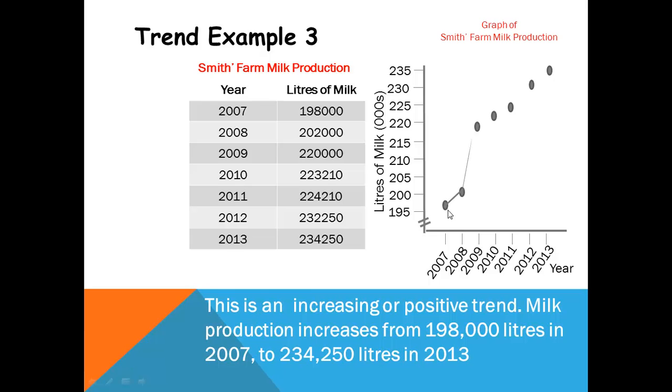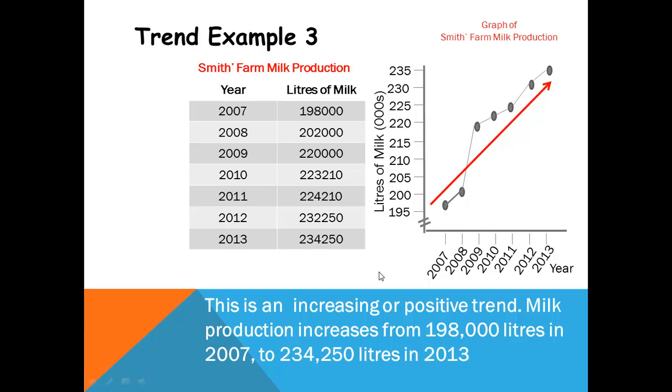So we just plot all of those points like that, and you've now got a line, but it's not a trend, but it should show a trend, and if I was to match that with a trend line, it would look something like that. And I don't need to change what I wrote before. This is still an increasing or positive trend. Milk production increases from 198,000 litres in 2007 to 234,250 in 2013.